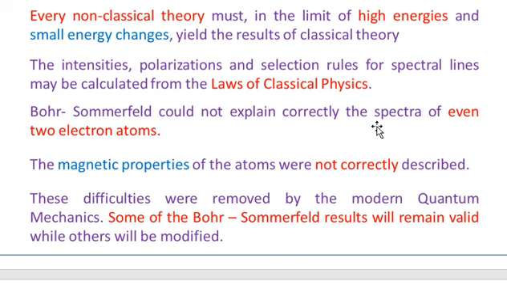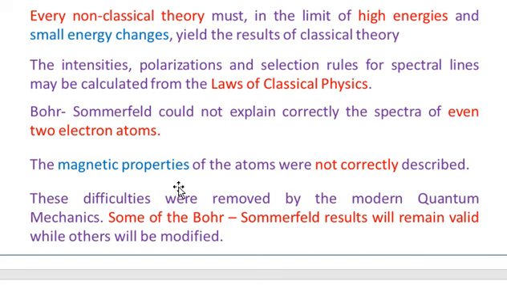Bohr-Sommerfeld could not correctly explain the spectra of even two-electron atoms. This is one of the major defects: the Bohr and Sommerfeld models cannot be used to explain the spectra of even two-electron atoms. If an atom contains two electrons, we cannot explain its spectrum using these models.